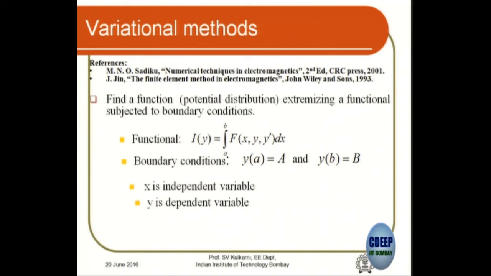So I is the total energy, y is the potential variable, I(y) is equal to the integral from a to b of f(x, y, y') dx. Now you take that half epsilon E square and relate it to that.